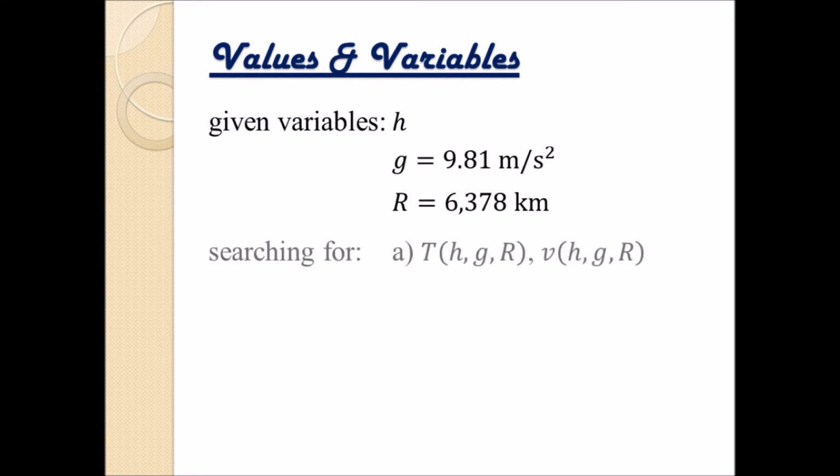We are searching for, in point A, the time t and the velocity v of the satellite depending on h, g and r. In point B, we are searching for v1 and t1, and in point C, we are looking for the density as a function of t1.